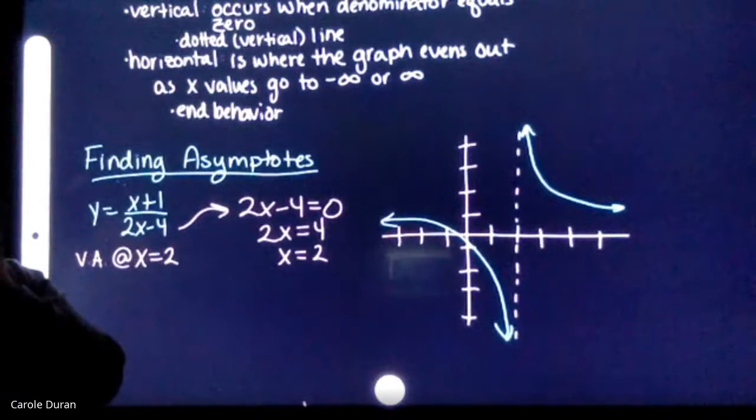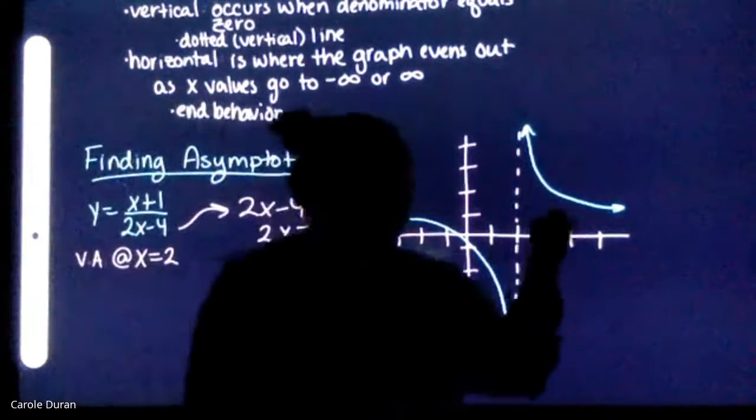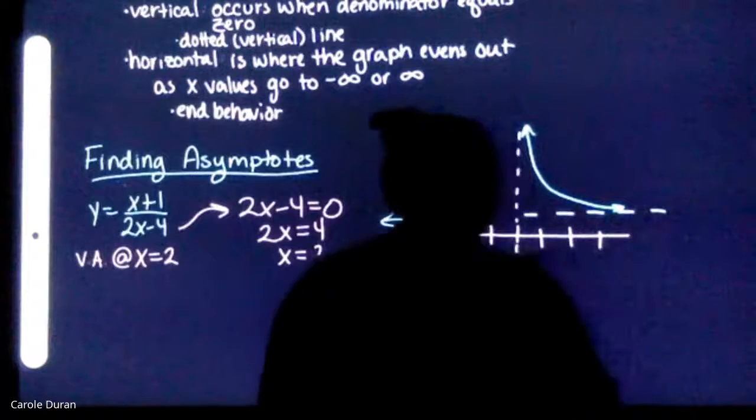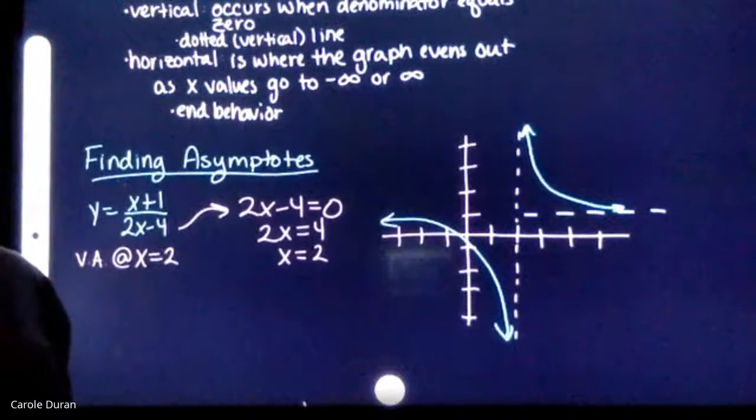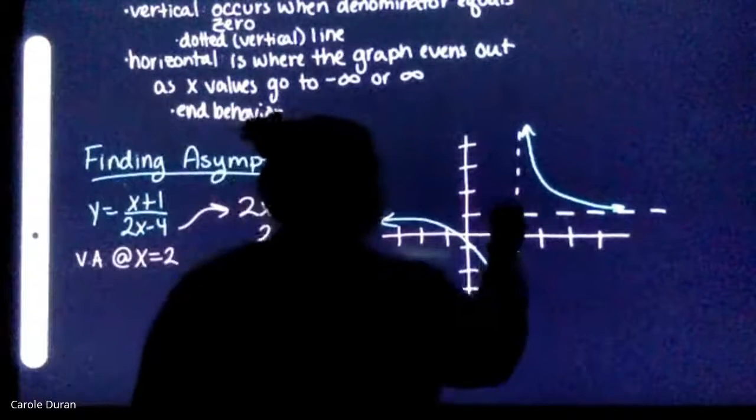What do you guys think? Infinitely. Infinitely? So it doesn't look like it's evening out, like right here. Doesn't it kind of look like it's starting to even out as it gets closer and closer to that? Oh, okay, yeah. So that is actually a horizontal asymptote.